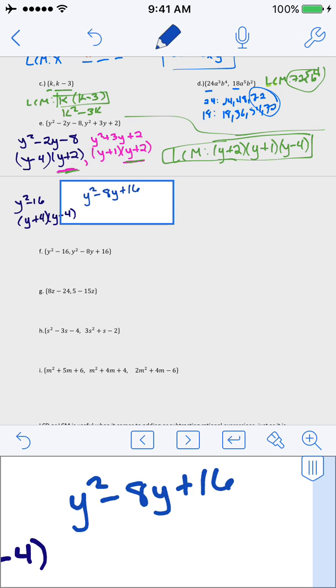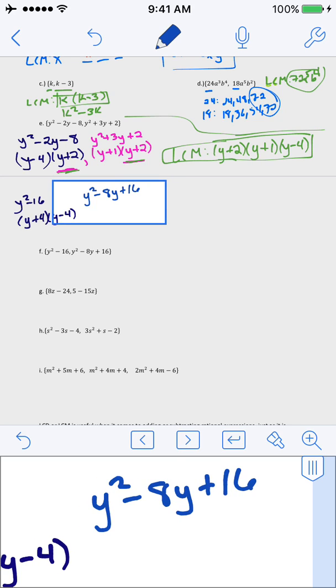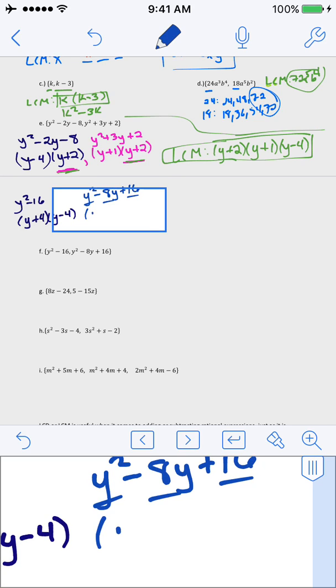Okay, two things that multiply to 16 and add to negative 8. Let's see. That also kind of sounds like a special case to me. I think it's negative 4 and negative 4. Yep, this is a polynomial squared. So I've got a square and a square. This middle part is 2ab, 2 times 4 times 1. So this factors into y minus 4, y minus 4.